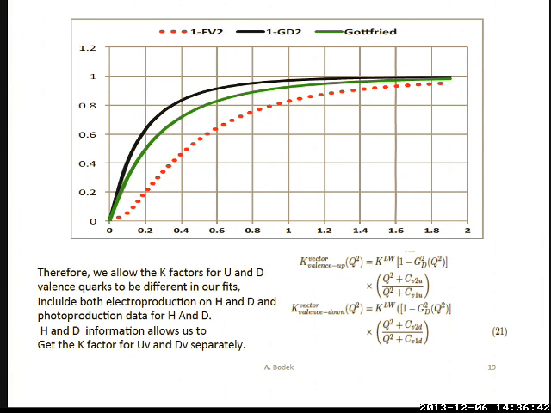They all satisfy the photoproduction limit, and the data for neutron, deuterium, and hydrogen will tell you there's a difference between them, and it will work out if you just fit it to the data. But now you have at least a justification as to why you're doing this form. It doesn't come out of the blue. It has some theoretical justification.